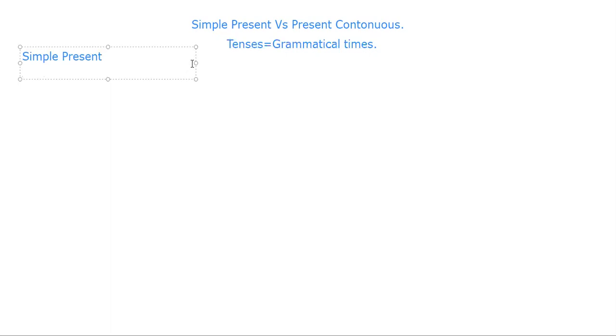Now let's understand the differences between them. When we talk about simple present, we talk about habits, repeated actions, daily routines.